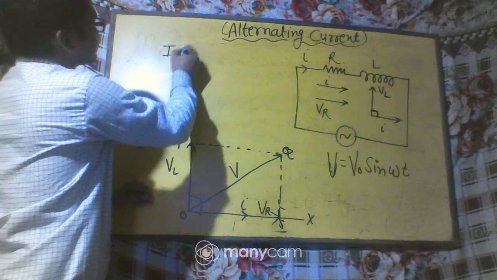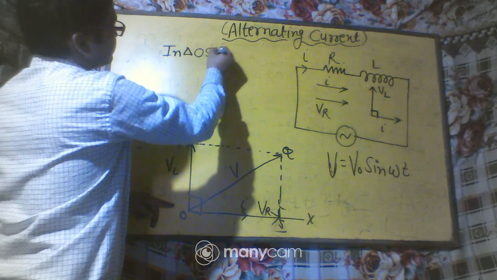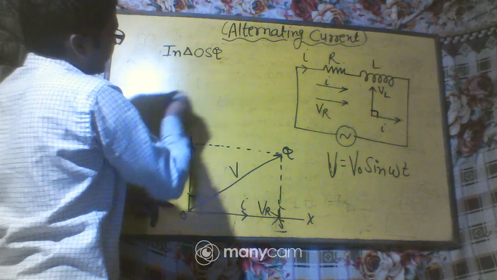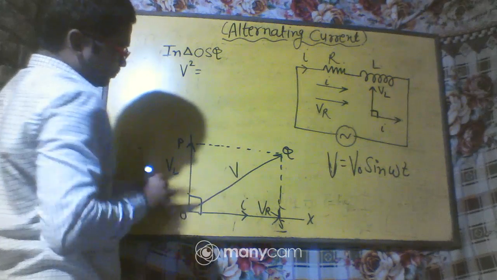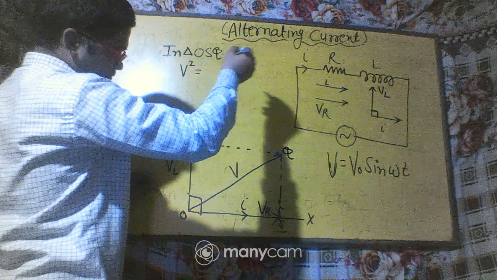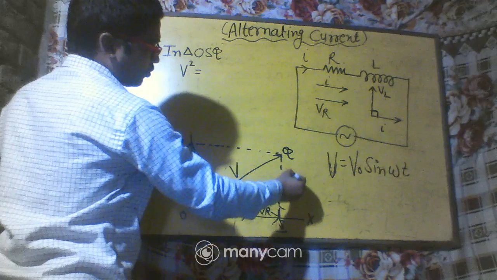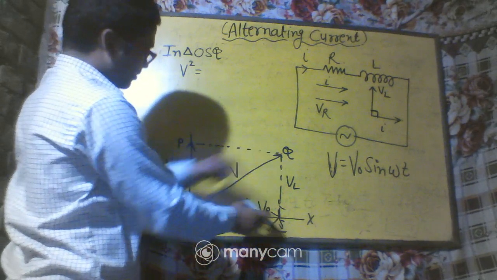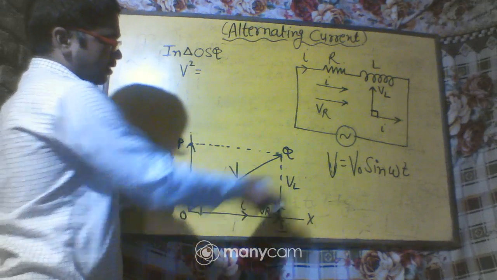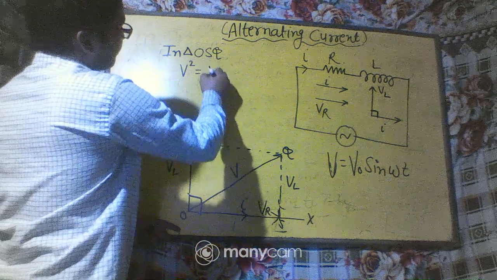So in right angle triangle OSQ, we can write V square is equal to, since this OP is equal to QS, this VL can be written here and this one is VR.